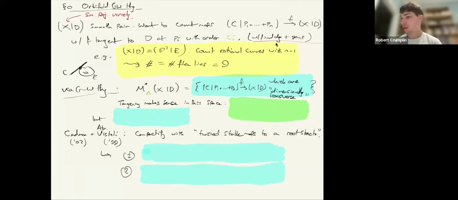And what I want is that no component of the domain curve falls completely within the divisor D. So in other words, the pre-image of the divisor D under the map is just a bunch of points.